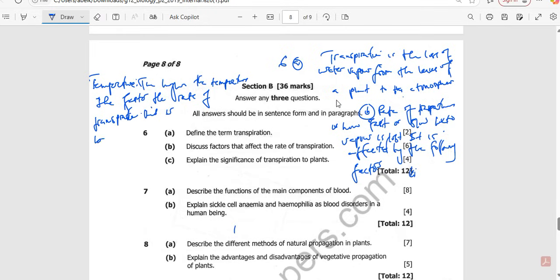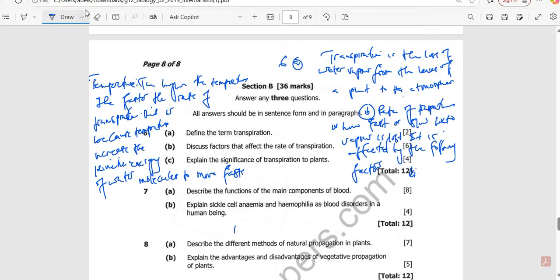This is because temperature increases the kinetic energy of water molecules to move faster.